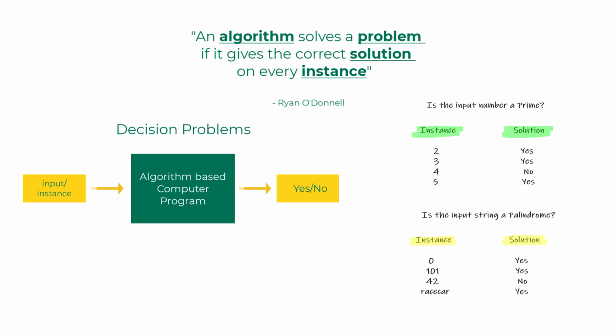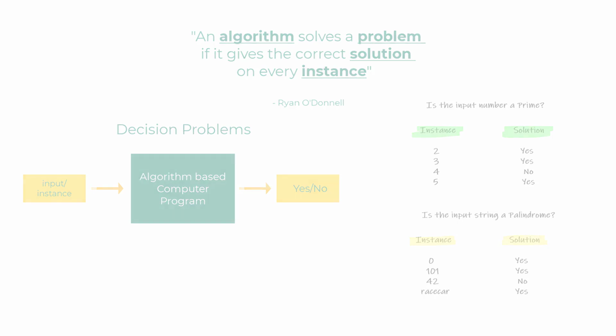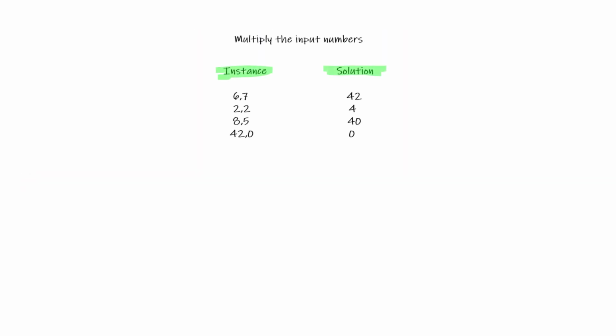You might ask, why should we only study the decision problems in this course? And why not study the theory of computation behind problems like, say, multiplication? Well, with some clever rearrangement of terms, we can make the multiplication problem a decision problem. For instance, we can draft, what's 6 multiplied by 7? It's 42.